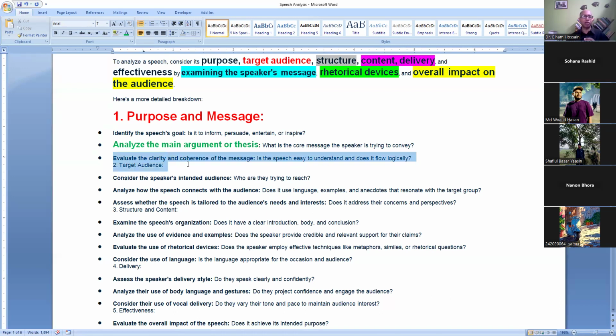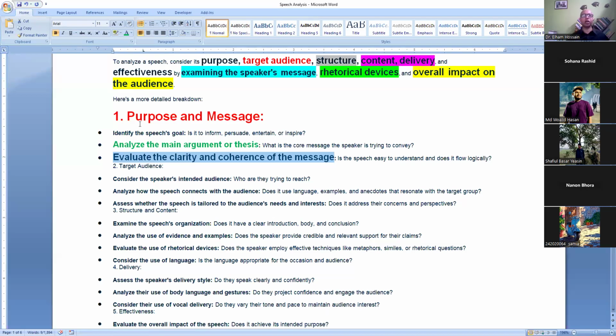And next, evaluate the clarity. That is, your speech must not be vague. If your speech is vague, then your audience may not feel comfortable.